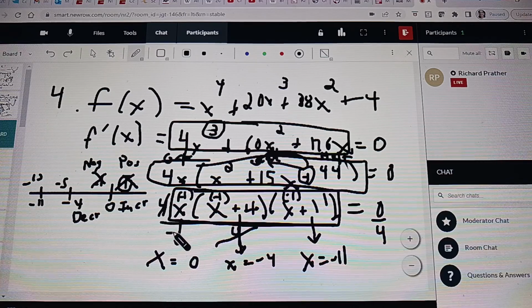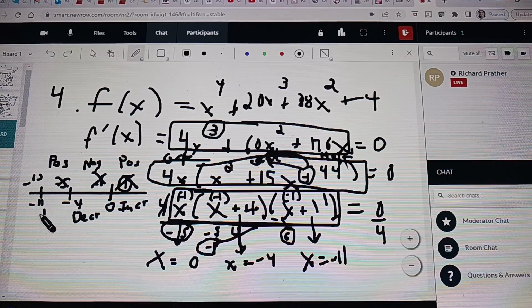Now plug in -5. So this part would be -5. -5 plus 4 is -1. -5 plus 11 is positive 6. A positive times a negative is positive. So whenever you pick a number between -4 and -11, that's a portion of the original graph that's increasing, because the derivative in that portion is positive.